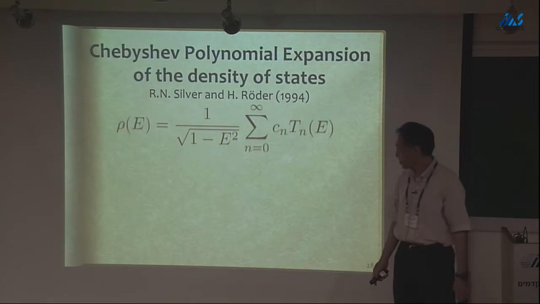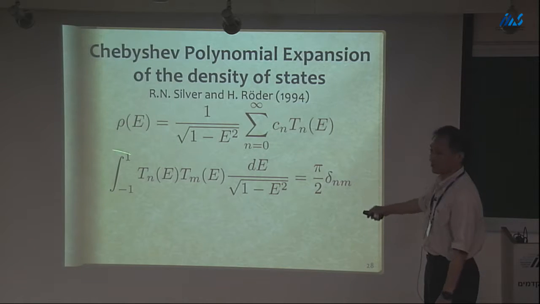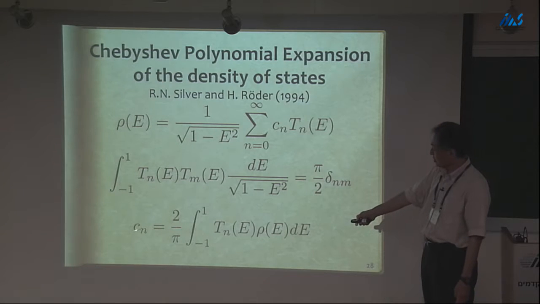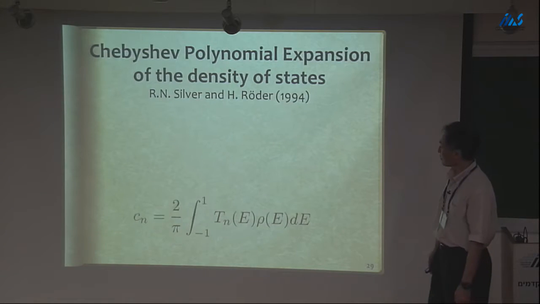Well, using this orthogonal relation, we can multiply by another Chebyshev polynomial and do the integration, right? So it turns out that this coefficient is given in this form. Okay, that's reasonable.